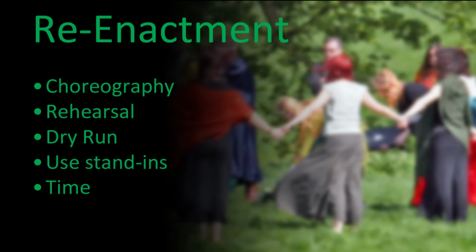So you also want your participants to be able to visualize it themselves and know what's going on. And you want the audience to know exactly what's going on, so they can easily visualize it too.